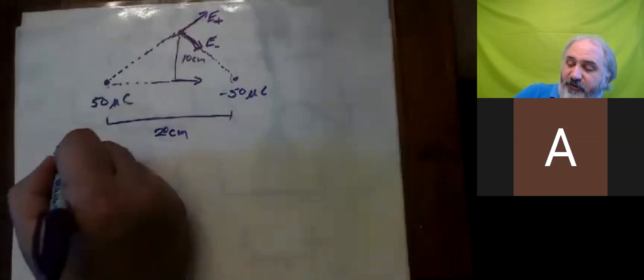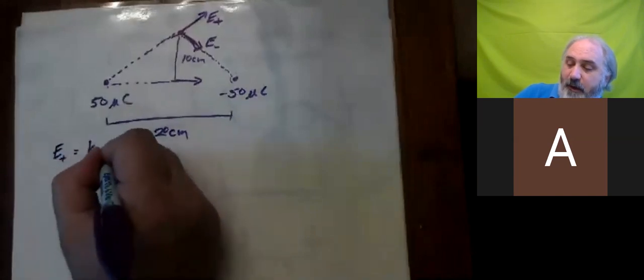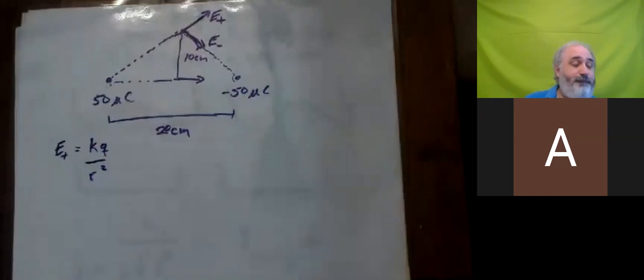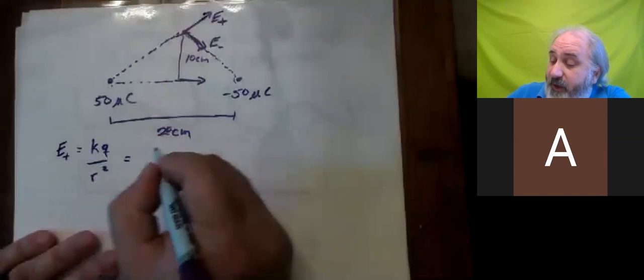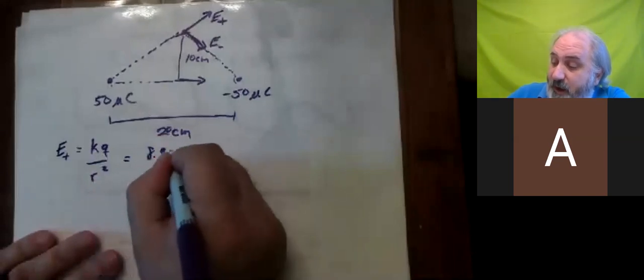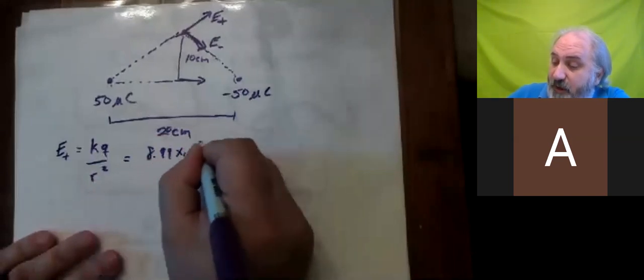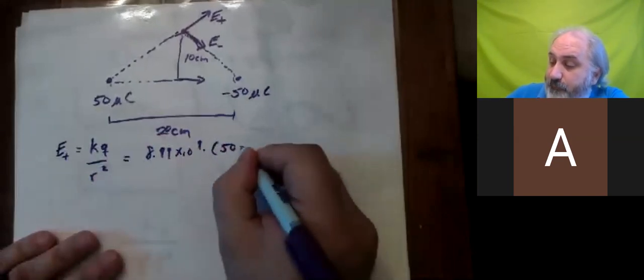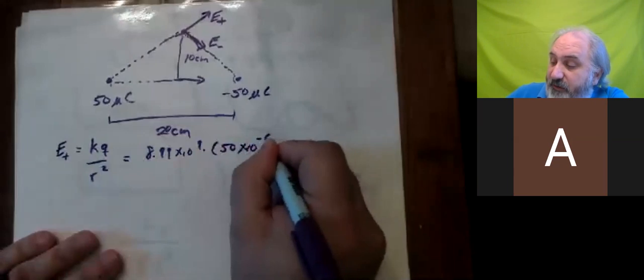So for E plus, it's going to be K times Q over R squared. That's the magnitude, right? So K is 8.99 times 10 to the positive ninth. Q is 50 times 10 to the negative 6.